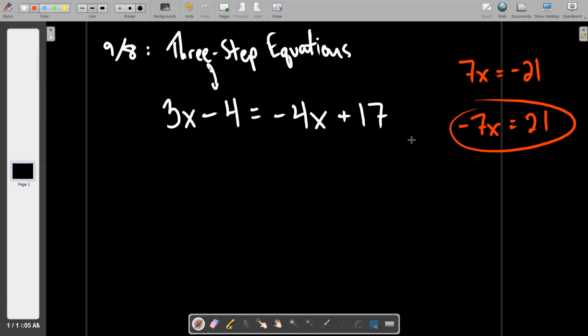The negative on the 21 in the top equation tends not to be as much of a bother. And so whether you believe me or not, I 100% am convinced that we're going to do better if we keep x having a positive number in front of it. And I'm here to tell you that you always, if you want, can control that.